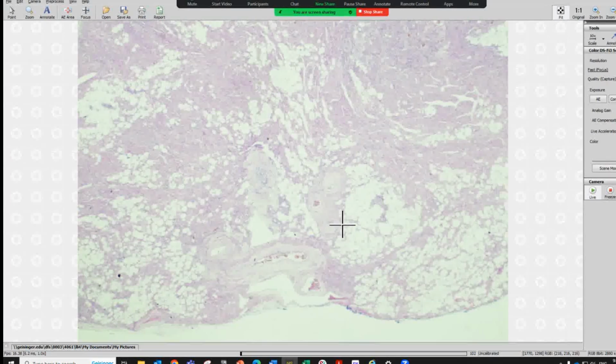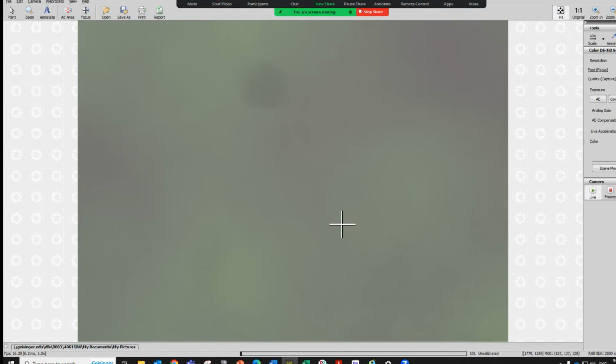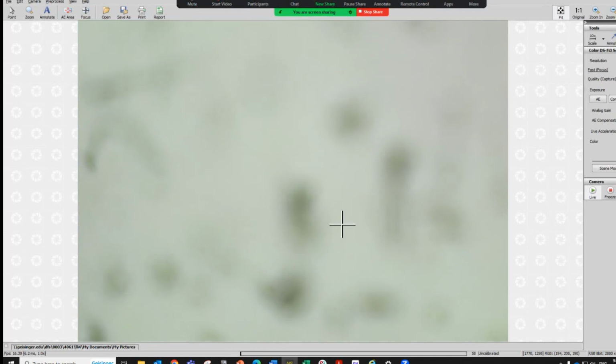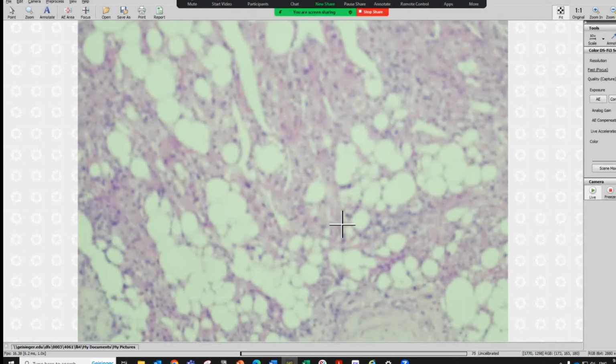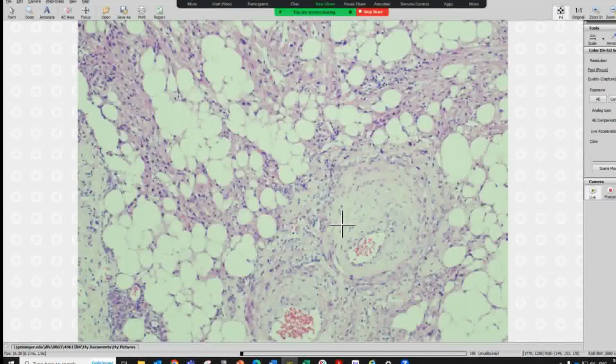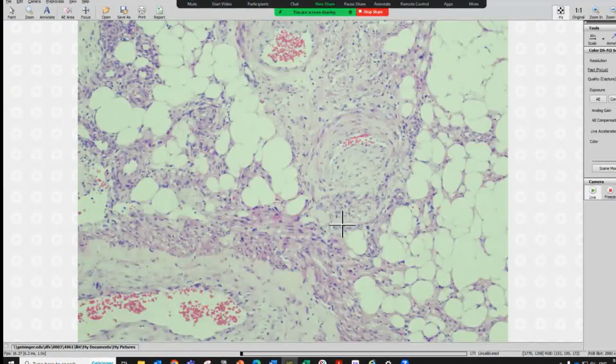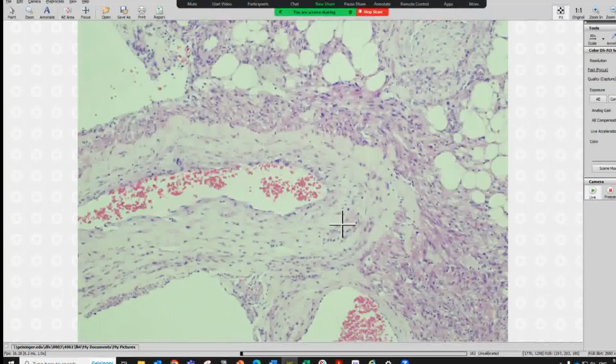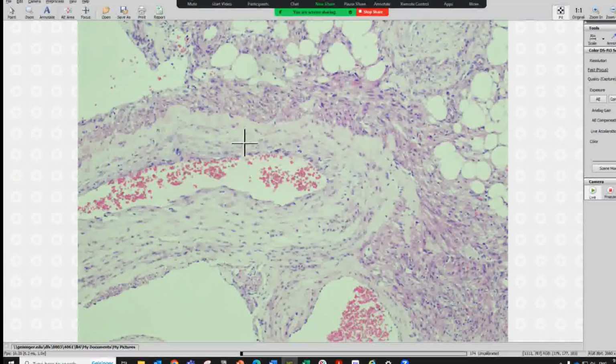I would like to show you the perivascular epithelioid cells. You can see the really thickened vessel wall, and these eosinophilic cells with vacuoles inside.